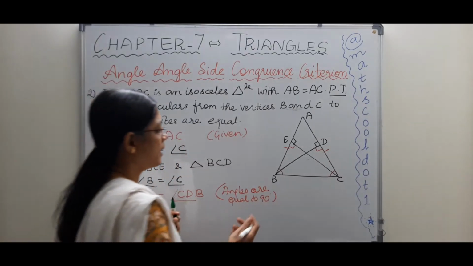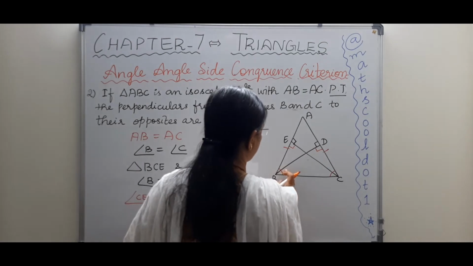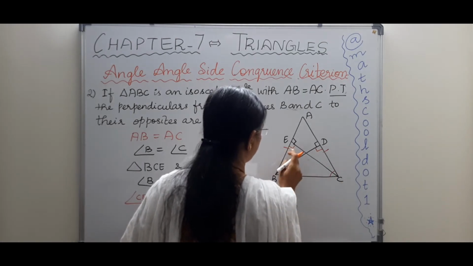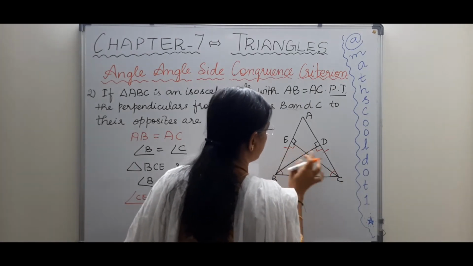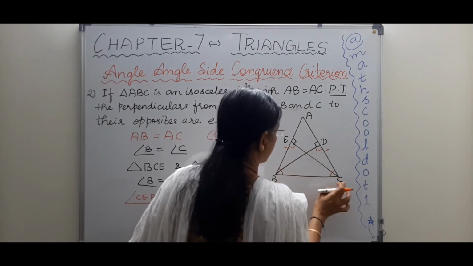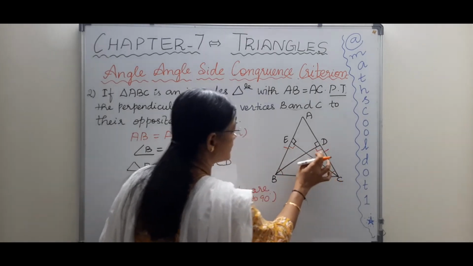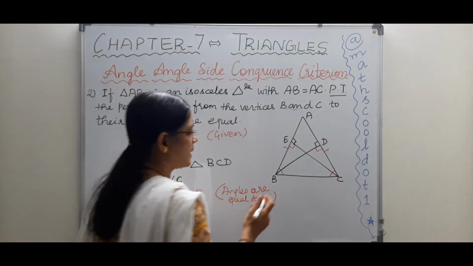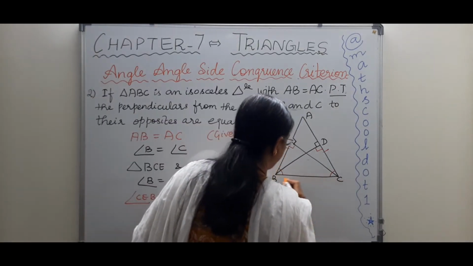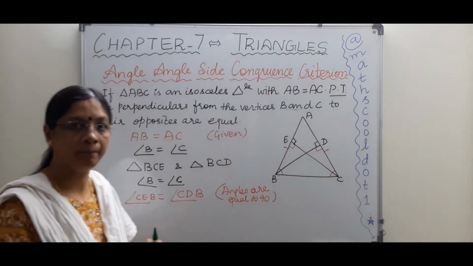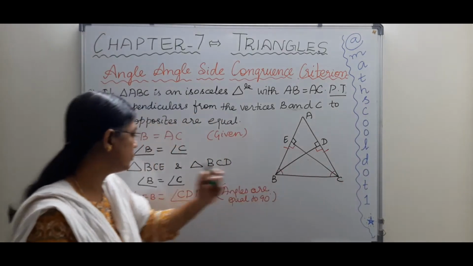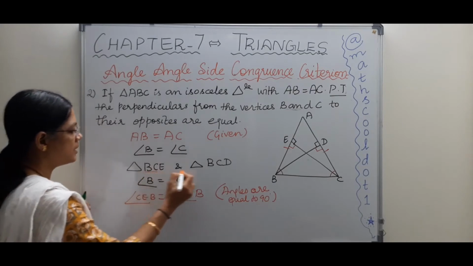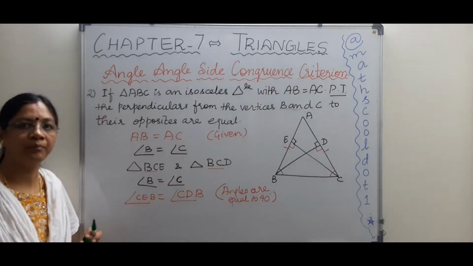Okay, so we have this angle in BCE and this angle to be the same as the corresponding angle in BCD. So the corresponding angles are equal in both the triangles. And you see the common side BC in both the triangles, BC is equal to BC, right?